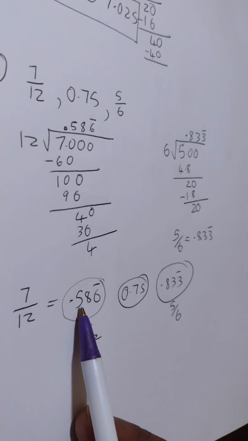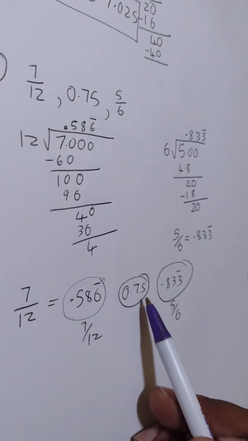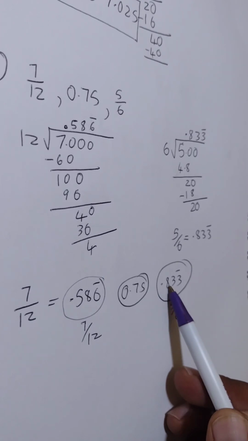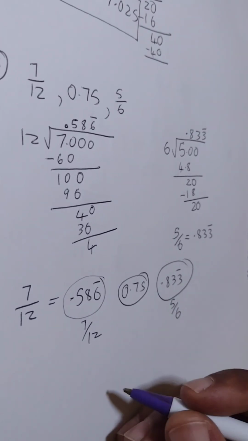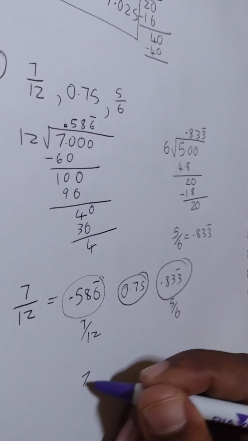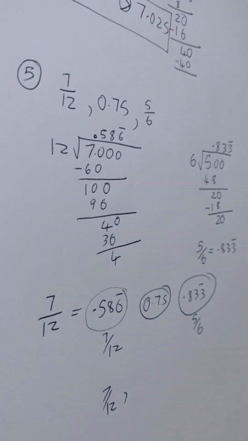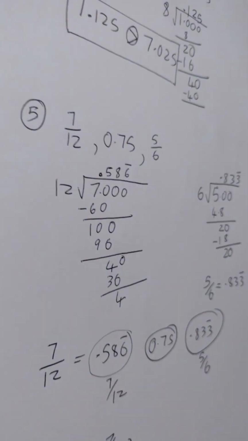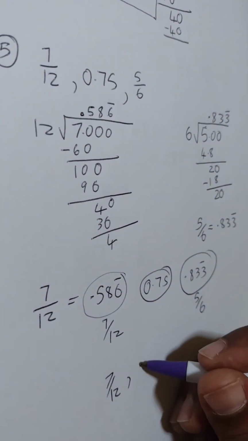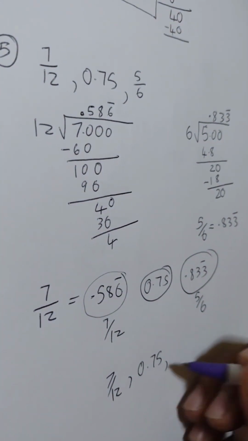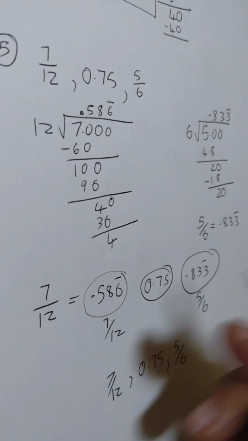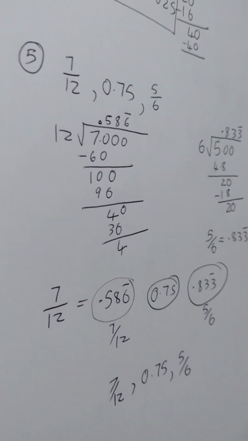The smallest one is this one, starting with a 0.5. Next one is a 0.7. Next one's a 0.8. So it's already in the correct order. So it is 7 over 12, comma, oops, it's about to fall again, 0.75, comma, 5 over 6. That's how number 5 is done. Next one.